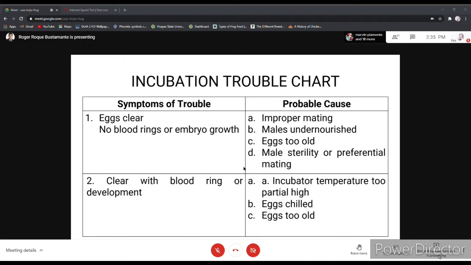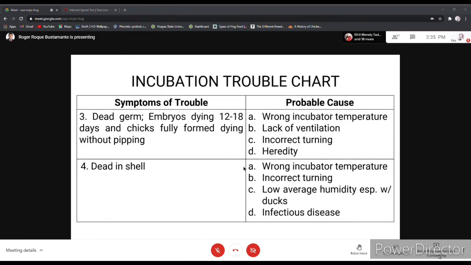Clear with blood ring and development, mga situation nga sugatan nato during incubation, and these are the probable cause of these problems. Dead germ, embryos dying 12 to 18 days, and chicks fully formed dying without peeping.